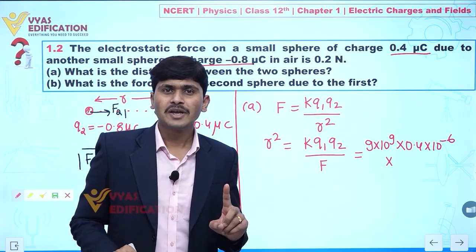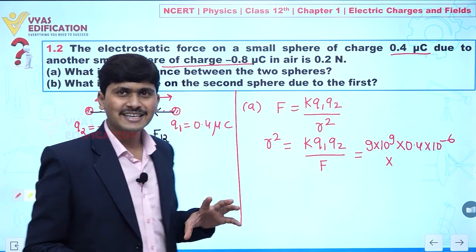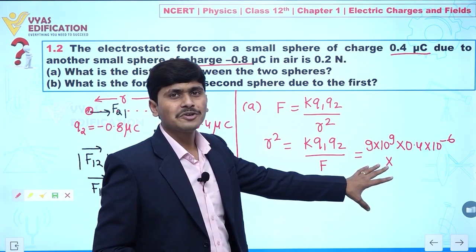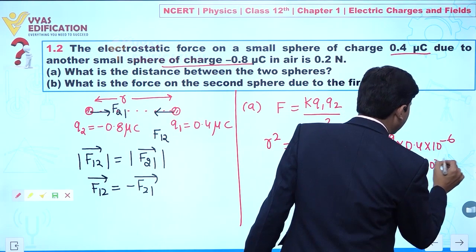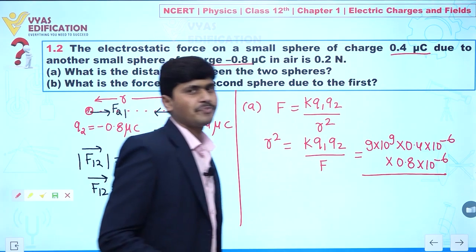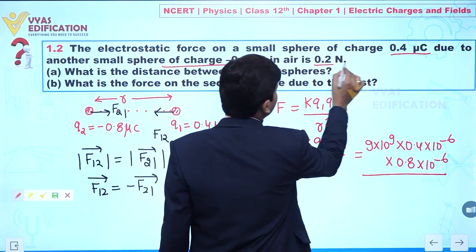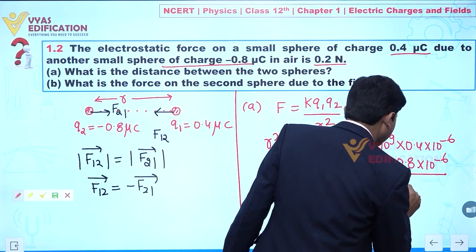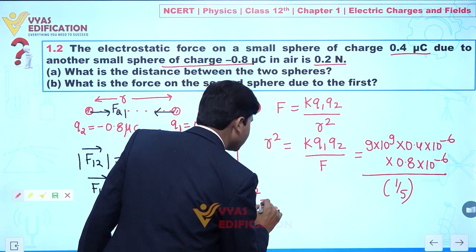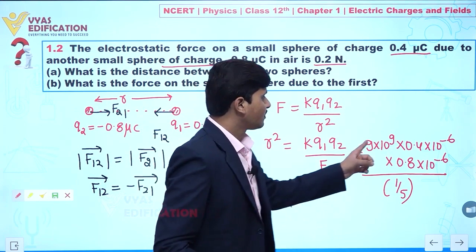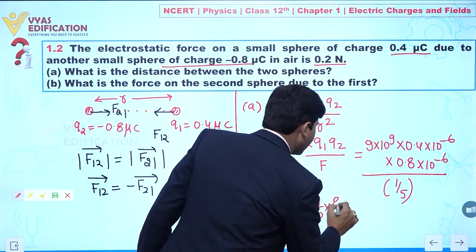Now listen carefully. Whenever you have already assumed the direction of the force logically, then directly write only the magnitude. So you can write 0.8 into 10 to the power minus 6, divided by capital F. Capital F is given in this question, 0.2 Newton. Clear? So we can also write this as 1 by 5. Now R square is given by 5 multiplied by 9 into 4 by 10 into 8 by 10.